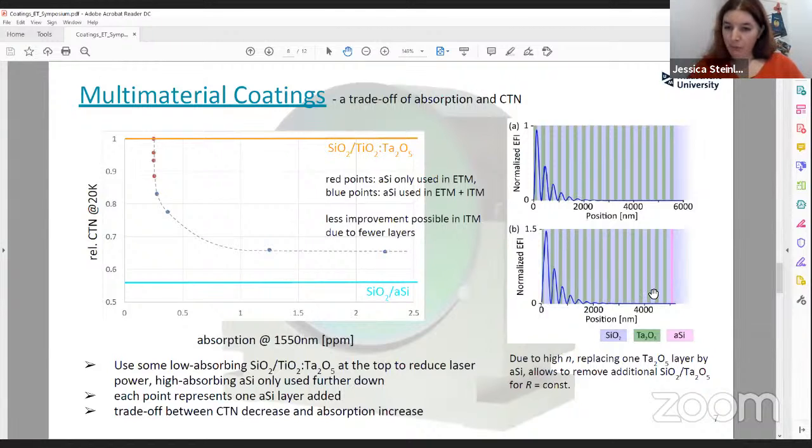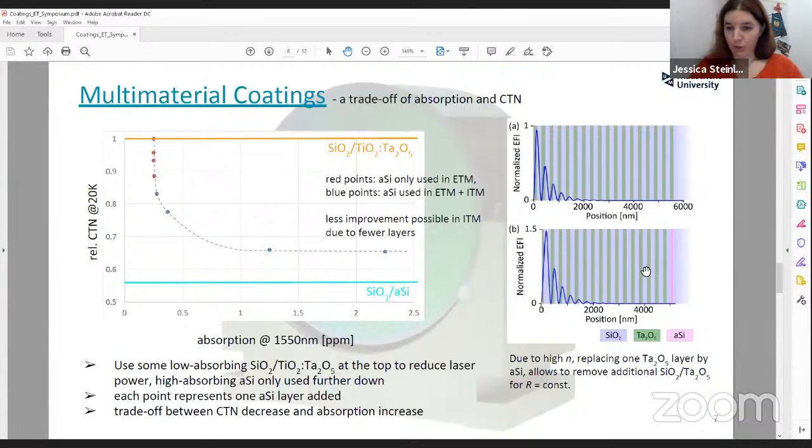So what happens, for example, if we use our silica tantalum coating from before and add in one silicon layer here at the bottom, it almost sees no laser light. So our blue line here shows the laser light intensity, and that's more or less vanished here. So we don't have any significant absorption contribution, but we can make our coating thinner and need less layers on the top due to the high refractive index.